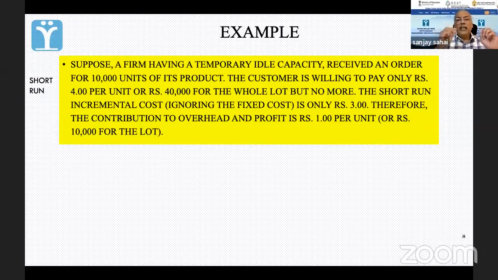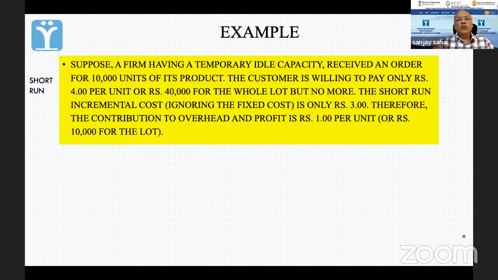Now, they have idle capacity. They examine this and they see that the incremental cost per unit is going to be rupees 3. The guy is giving them rupees 4. So they say that, okay, fine, we're going to make a 1 rupee profit per unit.